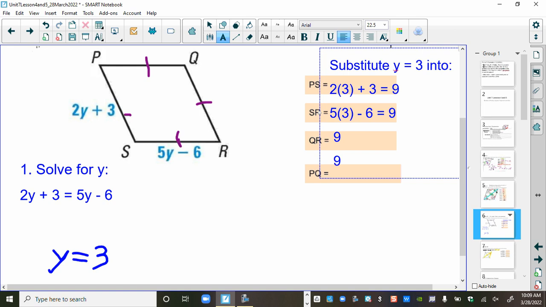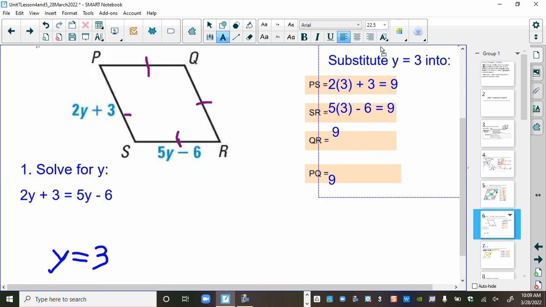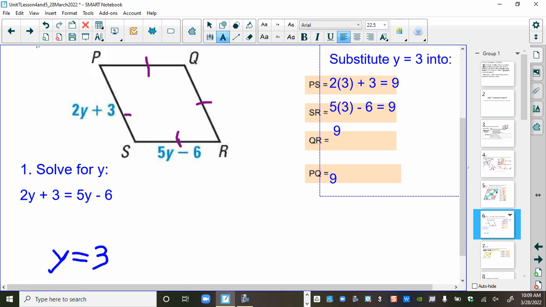So all your sides in the end are going to equal 9.